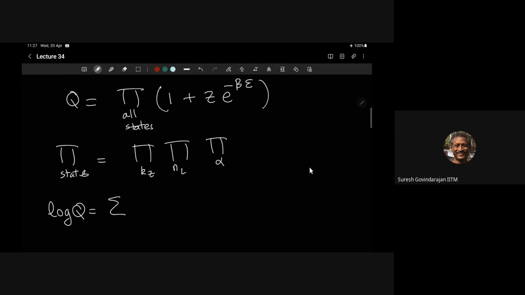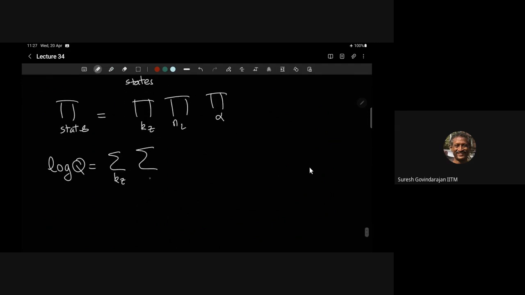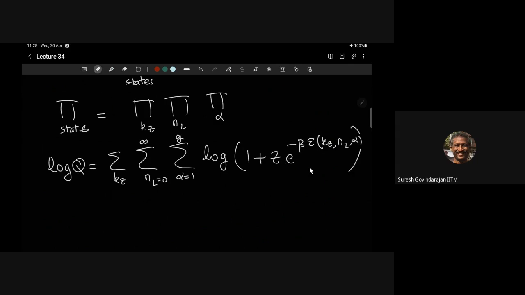I'll write summation over kz, and pretty soon we'll convert it to an integral over P. I'm just putting alpha there, even though the energy doesn't depend on alpha.